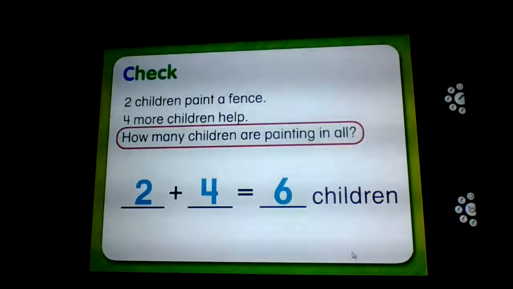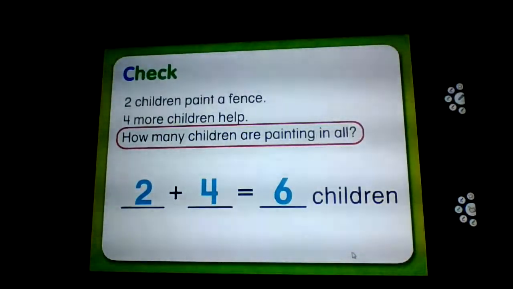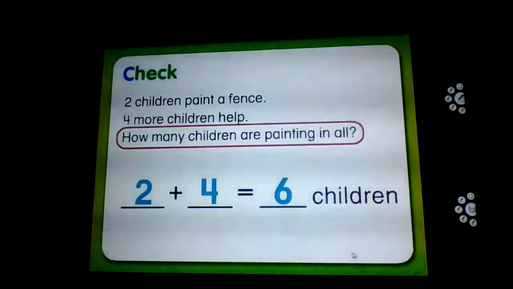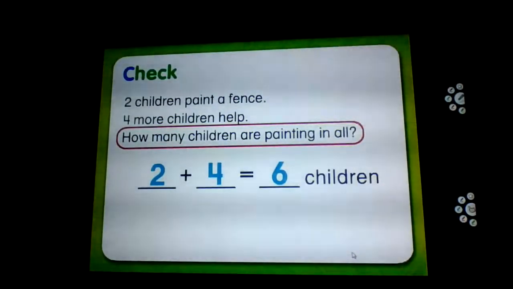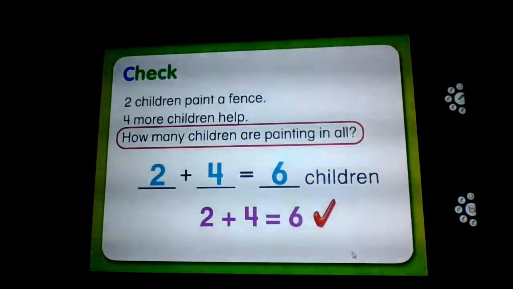Let's check the answer. We can ask ourselves the question, is my answer reasonable? To answer this question, let's look back at the problem. Did we find the information we needed in the problem? Yes. Did we write a number sentence to solve our problem? Yes. Did we add correctly? Yes. Then our answer is reasonable.